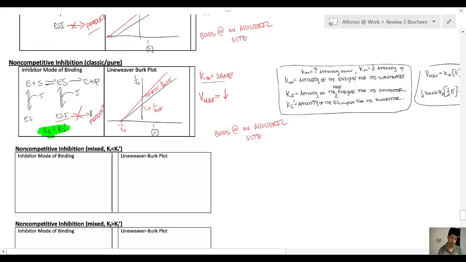This is really important for you to know. For non-competitive classic pure, Ki is equal to Ki prime, and that's because the free enzyme binds to the inhibitor at the same rate as the enzyme substrate complex binds to the inhibitor, right? Because the inhibitor binds to both equally well.